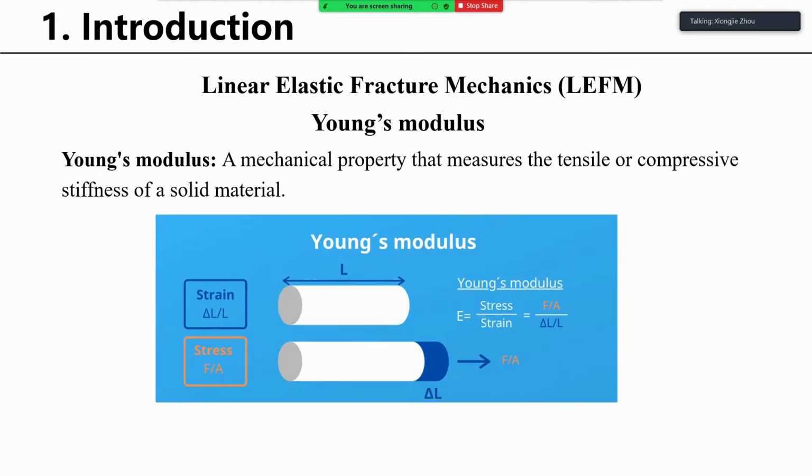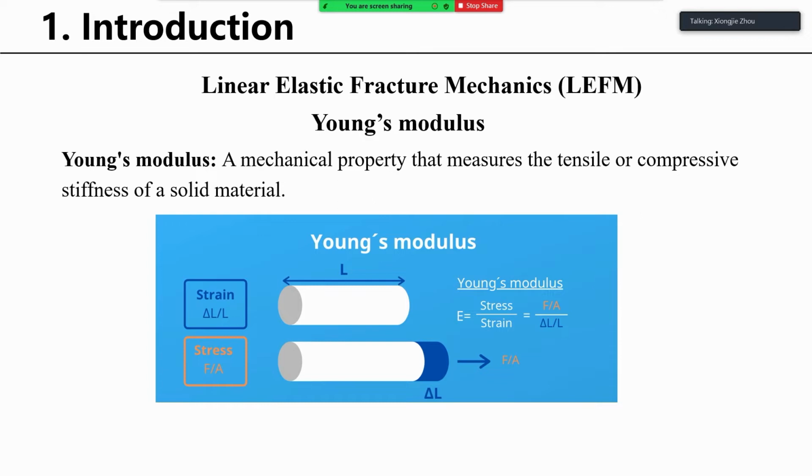The other main parameter of the fracture mechanics is Young's modulus. Young's modulus is a mechanical property that measures the tensile or compressive stiffness of a solid material. Young's modulus is also related to the sediment's cohesion.